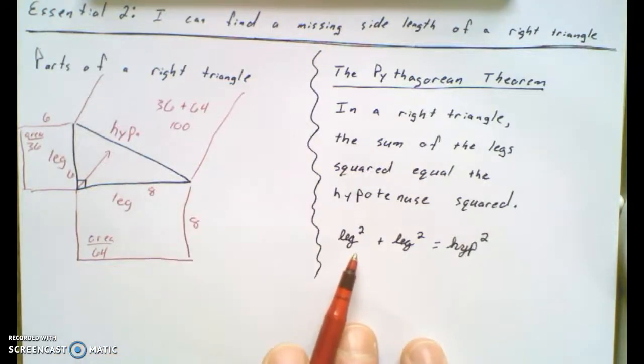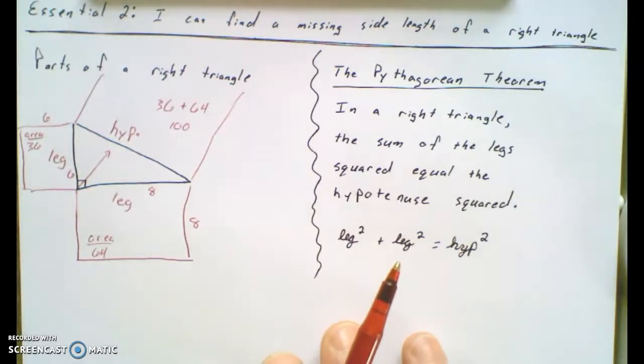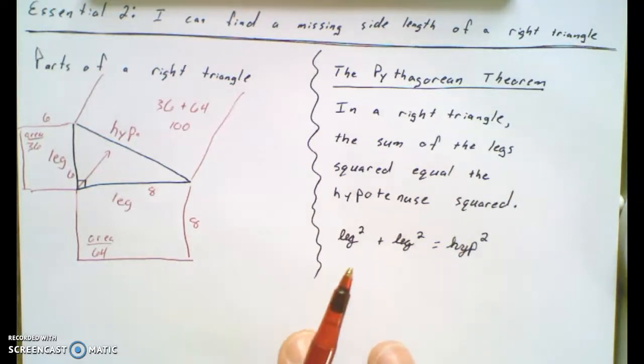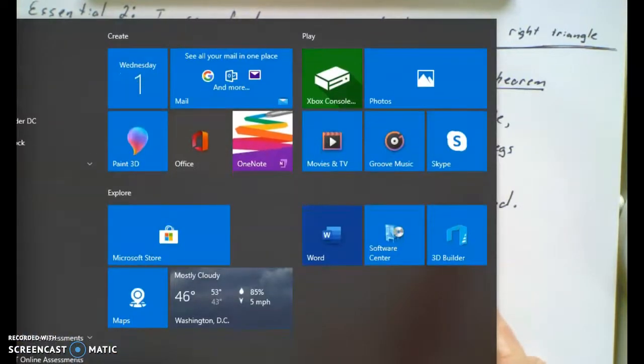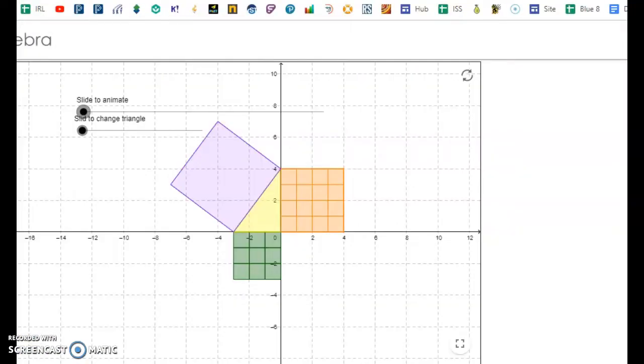To see what that actually looks like, here is an informal visual proof. I have this image here. I'm going to have a link to this on the website so you can play around with it and slide all these things around and see what happens. This is just to show you that same idea.